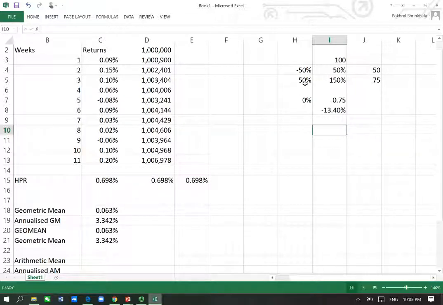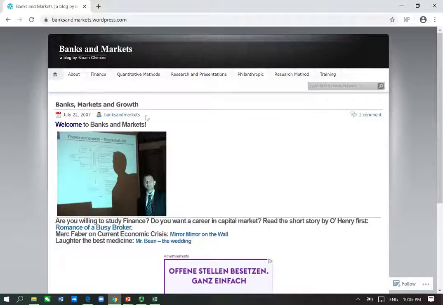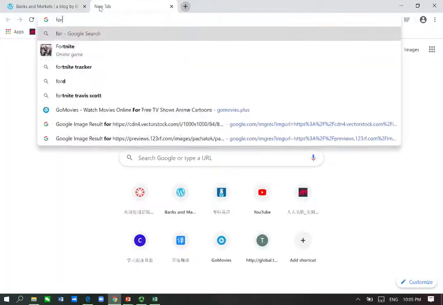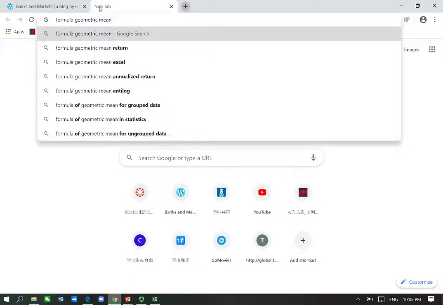So what we will do now is look at the formula. To those of you who are new to this, it may be good that you know the formula. So the formula for geometric mean.